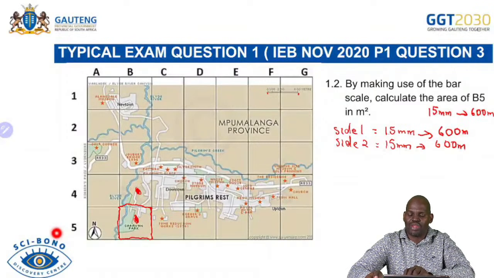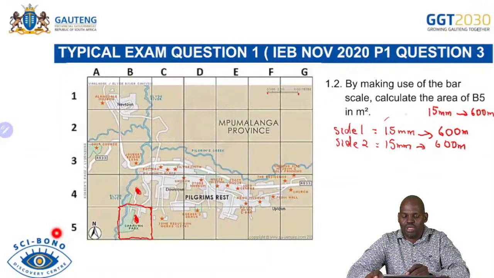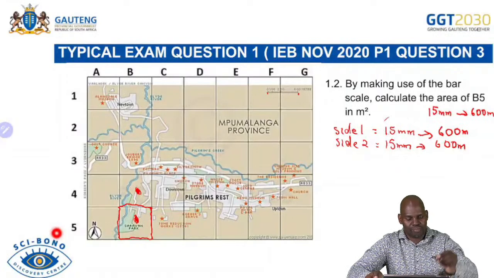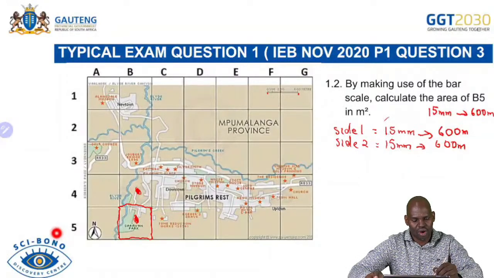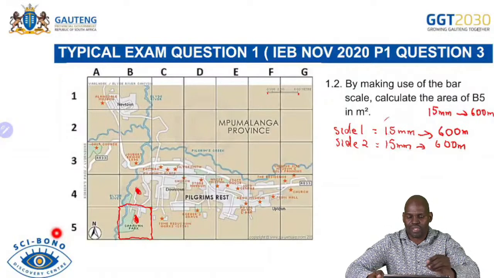But when I measure the length of each side, I get 15 millimeters. So what does that mean? It means automatically each side of the block is 600 meters.